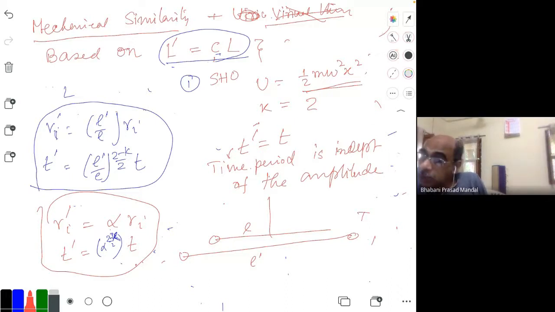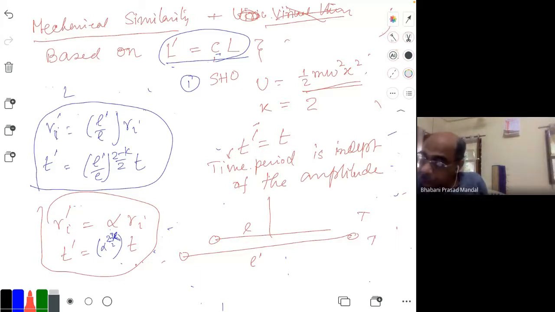There are many systems whose information we don't know, but we can find some information about the actual system by these scaling properties, mechanical similarity. In a simple harmonic oscillator, the time period is independent of the amplitude, which you are familiar with. I obtained that result from mechanical similarity.